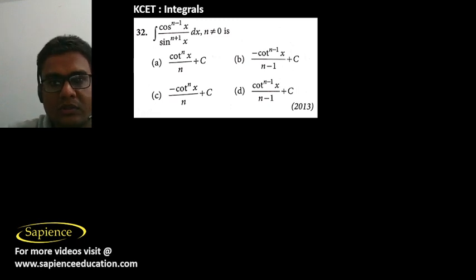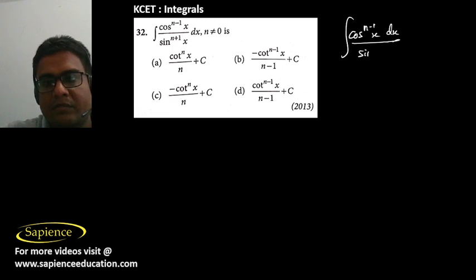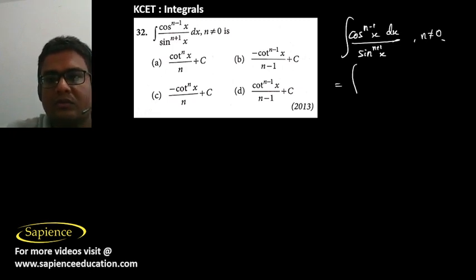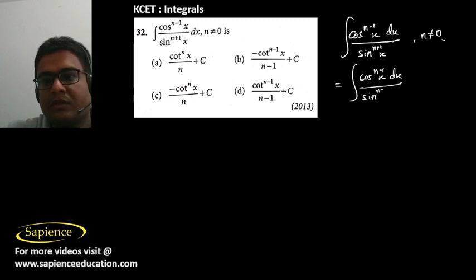In question number 32, it is told to find the integral of cos power n minus 1 x dx divided by sine power n plus 1 x, where n is not equal to 0. That is how much? This will be written as cos power n minus 1 x dx divided by sine power n minus 1 x into sine square x.